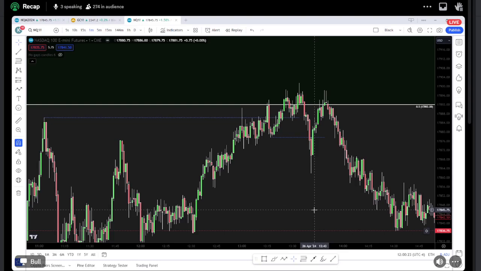Like, we're trying to understand structure and narrative and follow price, and then we use our order flow tools to tell us kind of if there's a shift in what our narrative is. Okay, we use structure and narrative to see what the market is doing and why, and you need to know that before you even attempt to engage with price.